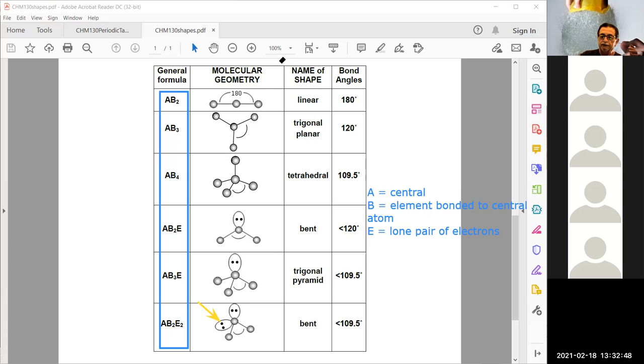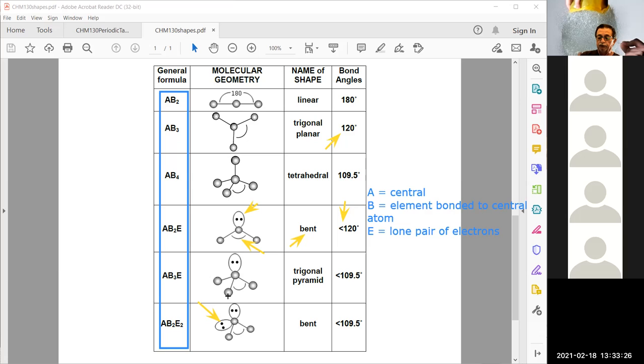The result is they tend to decrease that angle. Because these 2 lone pair electrons take up a lot of space, they push the other 2 bonded pairs into each other. So that bond angle is much less than what we would expect, which is 120, like up here. Because the lone pair takes up space, it pushes that bond angle, and we get a new geometry that we call bent.